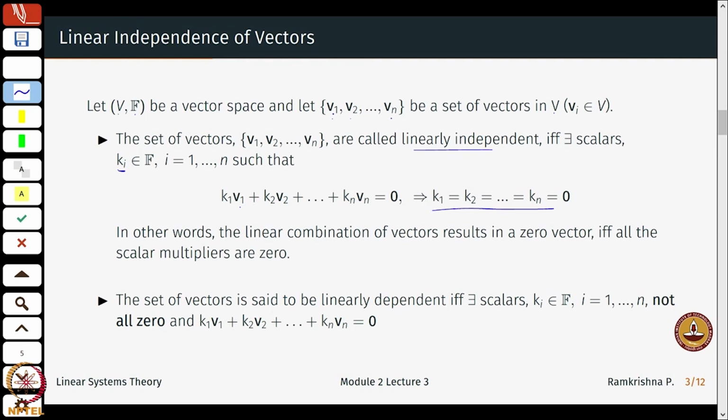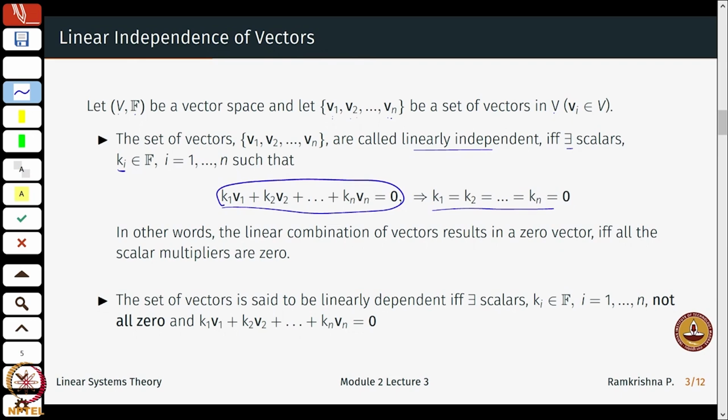Let's repeat this again. So I have this set of n vectors, and these vectors are called linearly independent if and only if there exist scalars Ki, i going from 1 to n, such that whenever this relation holds, it holds if and only if these numbers K1 till Kn are 0.